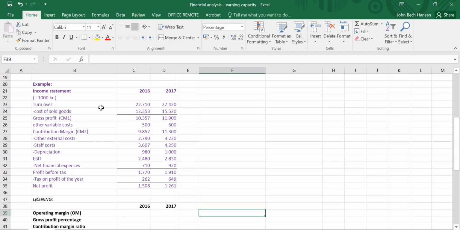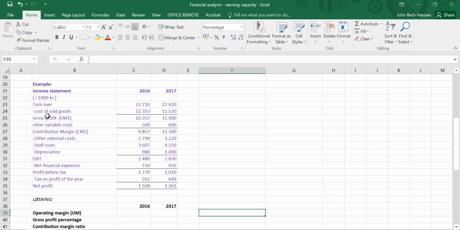And also another thing, this line here, other external cost, you will see that when they have included their turnover, other external costs are put together with the variable cost.